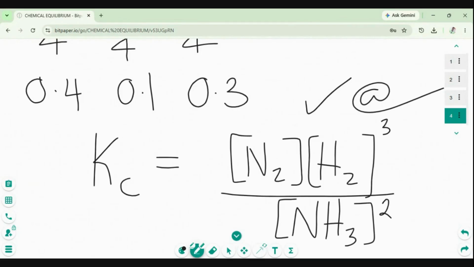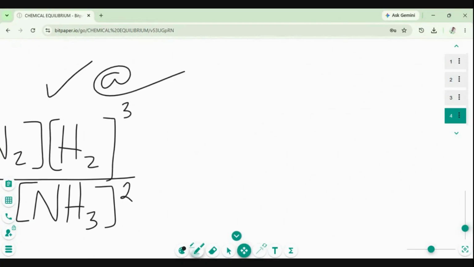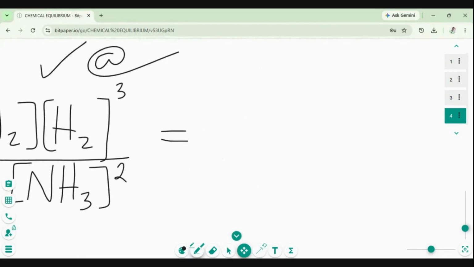Write the correct formula. The moment your formula is there and you know it is correct, proceed again and substitute into the formula. So what is nitrogen? Nitrogen is 0.1. So 0.1, I drop the square brackets, I use the normal brackets.